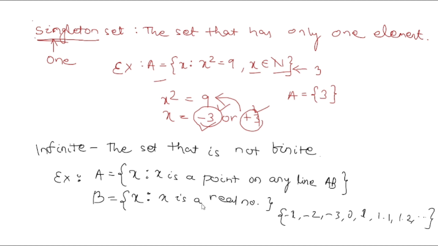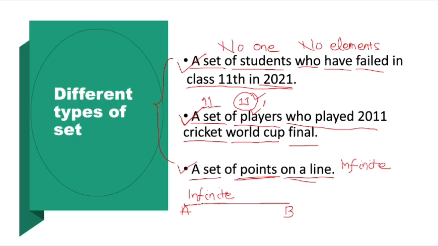So we can say that B is also an infinite set. Now let us return to the examples we have taken earlier. Now we can easily name the following sets. In the first case, the set of students who have failed in class 11 in 2021 will be 5, or we can write it as this.